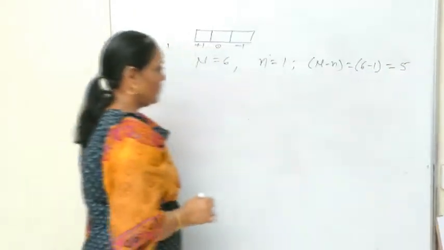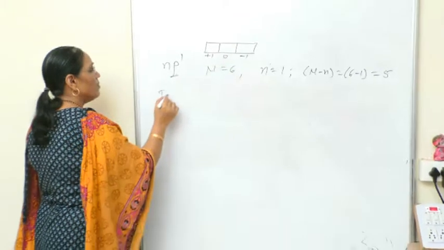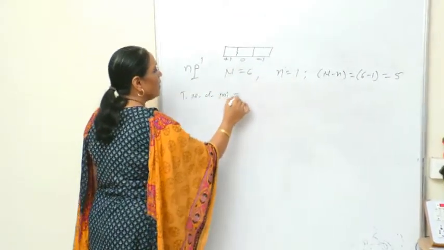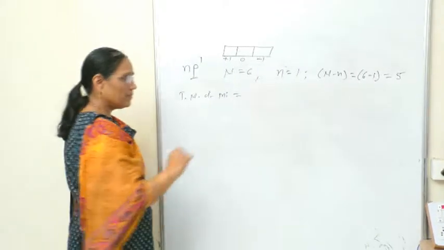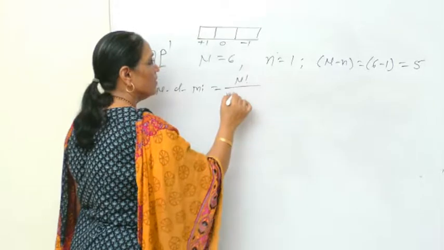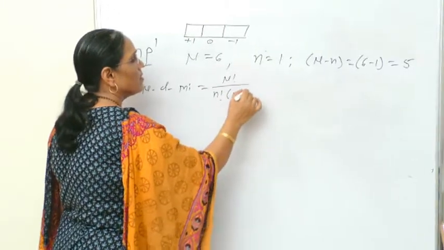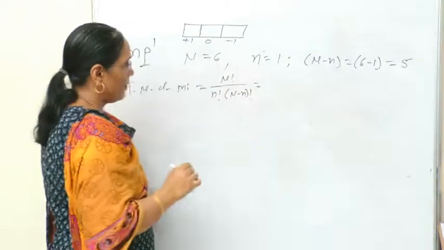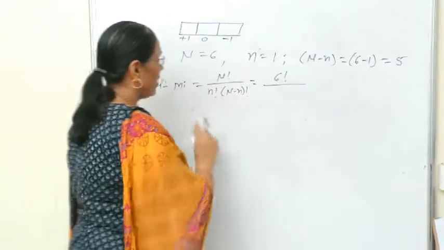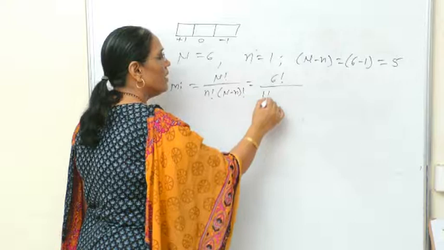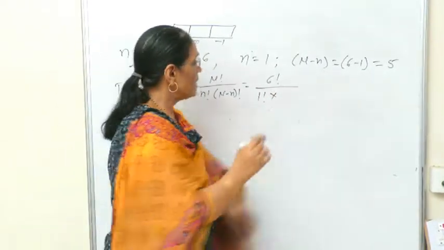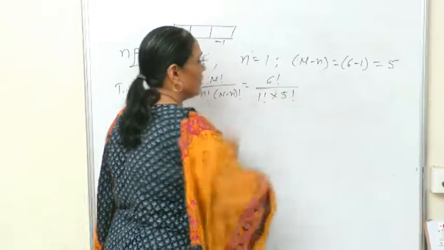So the total number of microstates for the np1 configuration can again be obtained by the N factorial equation: N factorial divided by small n factorial into N minus n factorial. N is 6, so 6 factorial divided by single electron 1 factorial into N minus n, that is 5 factorial.